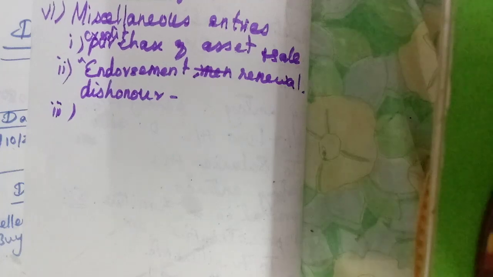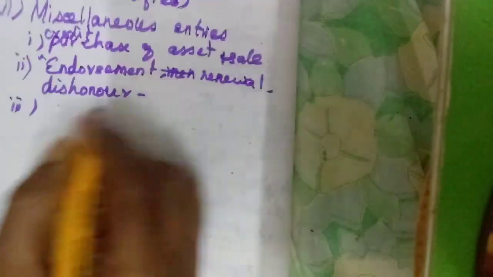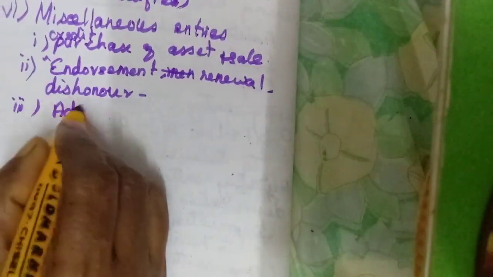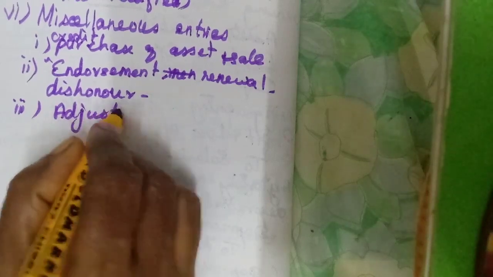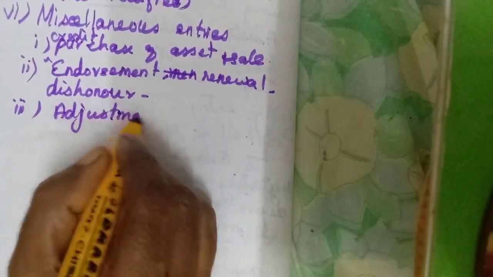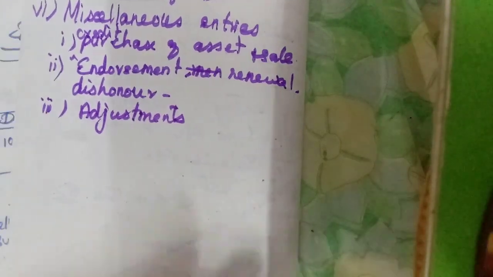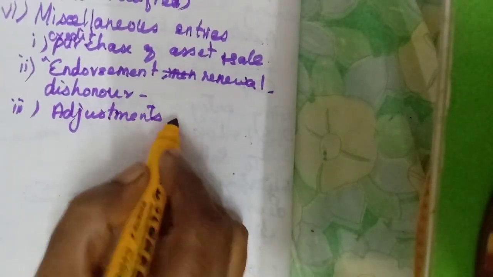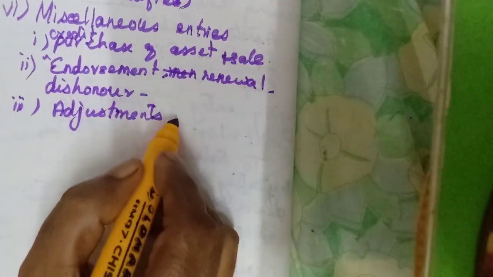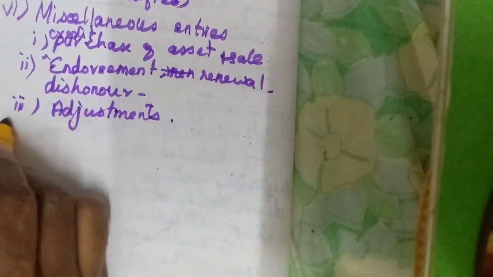Like this, around 14 adjustments are there. All these adjustments are the adjusting entries that we make before making the final accounts.